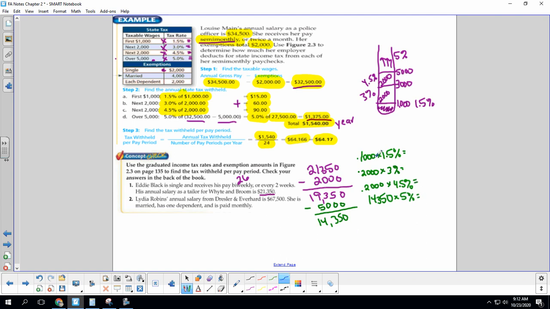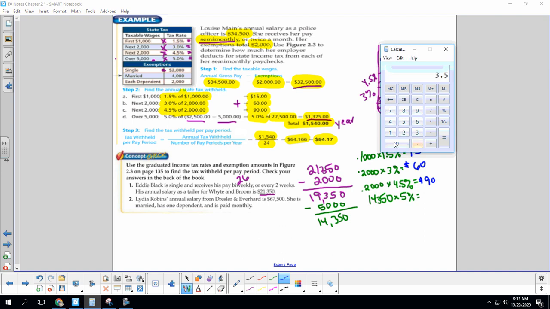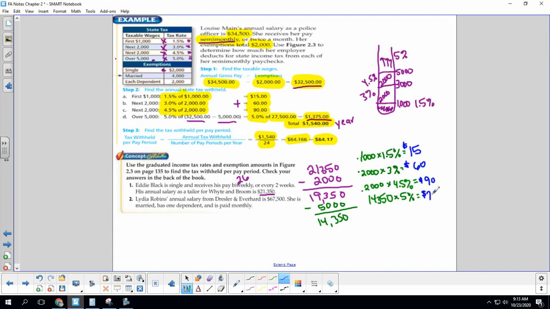Okay, so here's the good news. I know this amount. It's up in our previous problem, so I don't have to even look at my calculator because this is already calculated. The only one I have to do is 14,350 times the 5%, so $717.50.